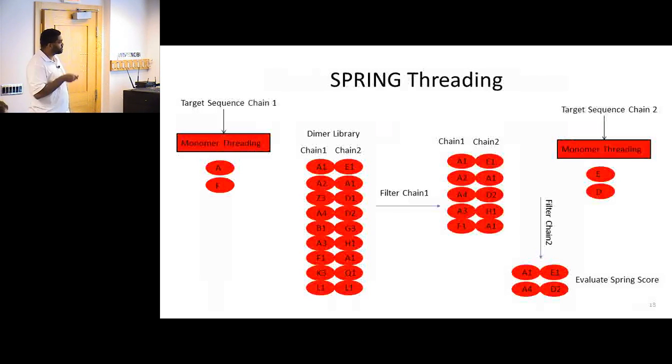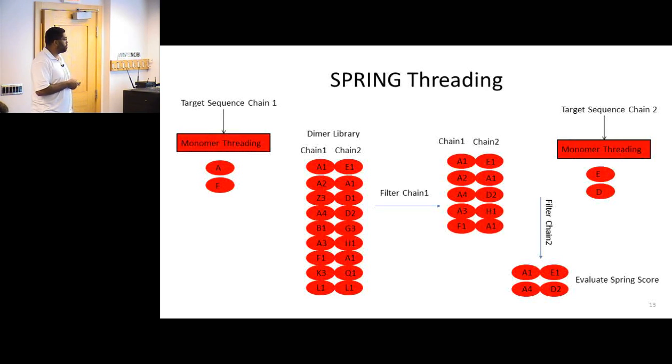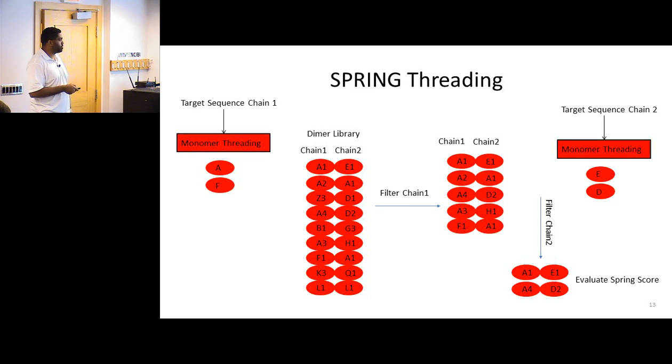When we search for protein complexes using Spring, we first take the target sequence of our first chain and search it through our monomer library. I see that I get this A and F. So I look in the first chain here and ask, do I have any A's or F's? If so, I allow them to pass through.